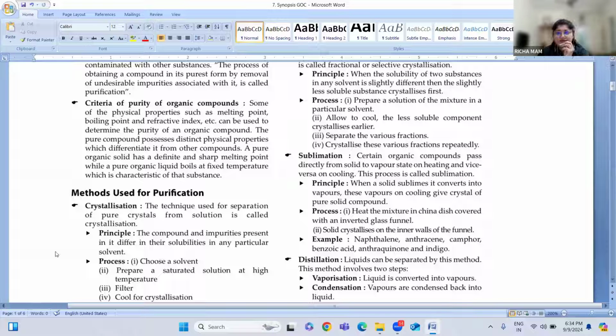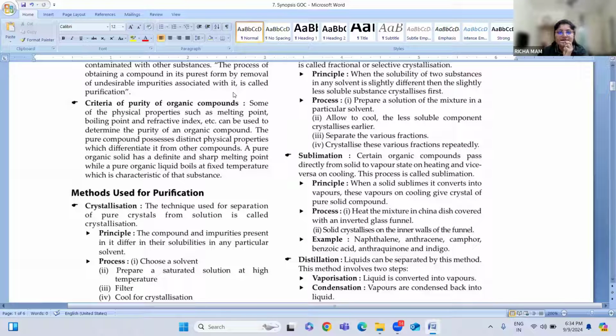How does crystallization depend, or how does it vary? The compound and the impurities get separated depending upon their differing solubilities in the solvent. We take the solvent in which the compound is soluble and make the compound dissolve in it. After that we pass it through a funnel.